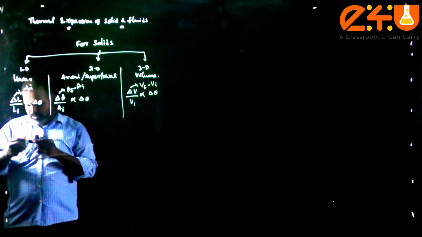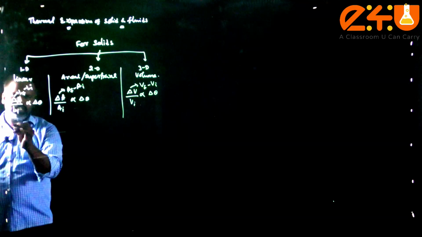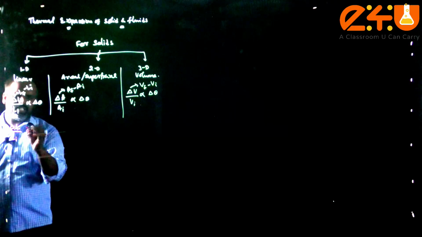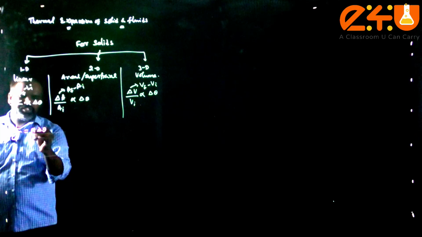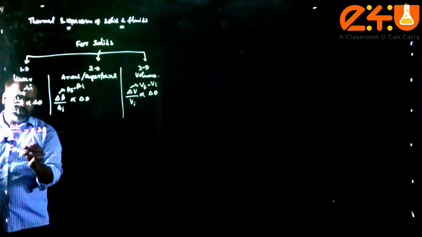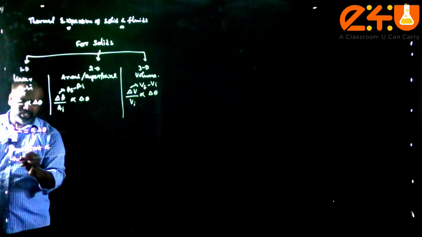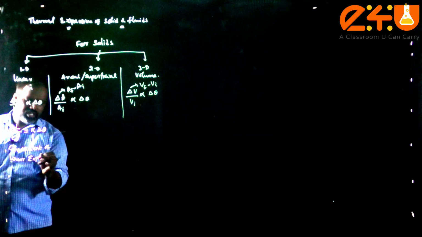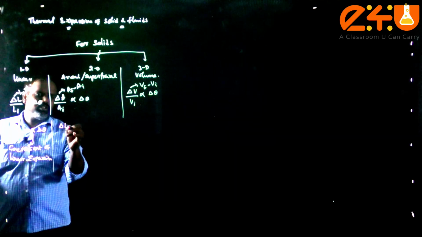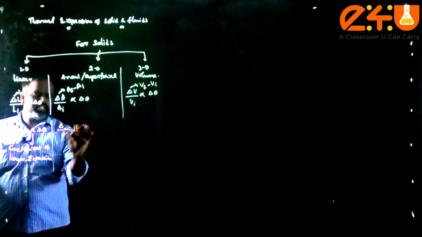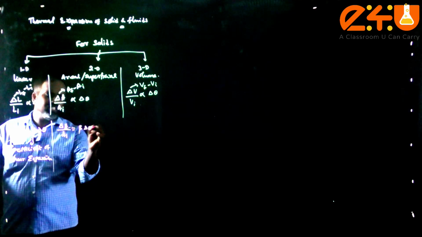So I can remove this proportionality by using some constants. Here I can write delta L by L initial is equal to alpha into delta theta. This is called the coefficient of linear expansion. Similarly, we can name it here also: delta A by A initial is equal to beta into delta theta.